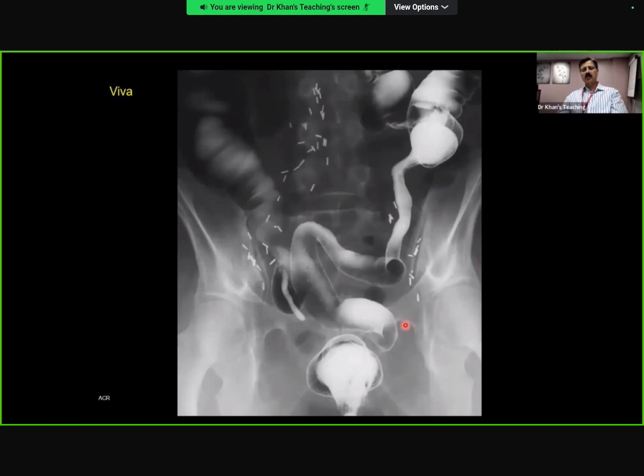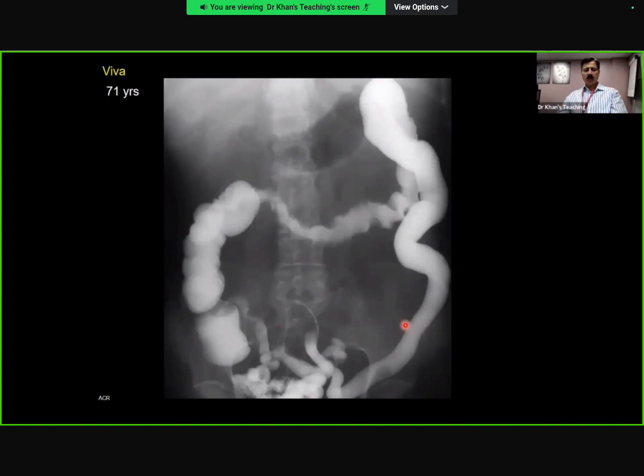So the point is that rectosigmoid is the main location for this. Post-radiation, you can see a long segment, more fibrotic type of stricture. But here, you can see in the transverse colon there are a lot of thumbprints, etc. So a bit of acute as well as chronic type of changes are there.